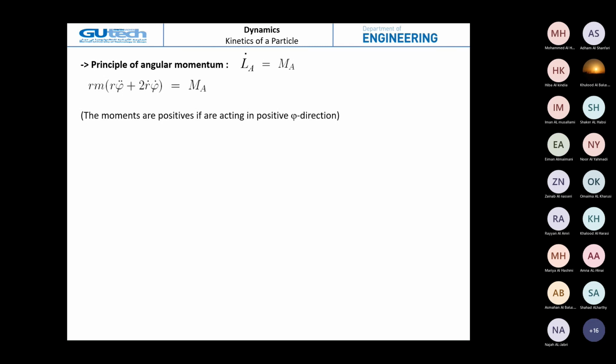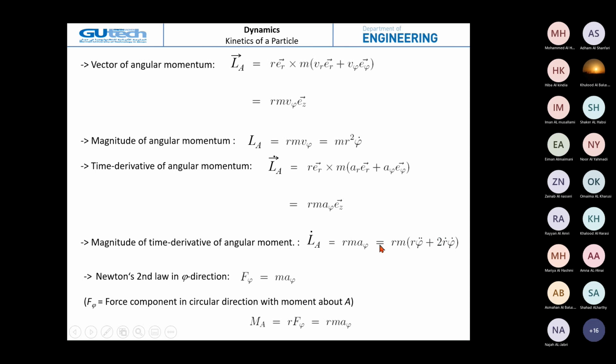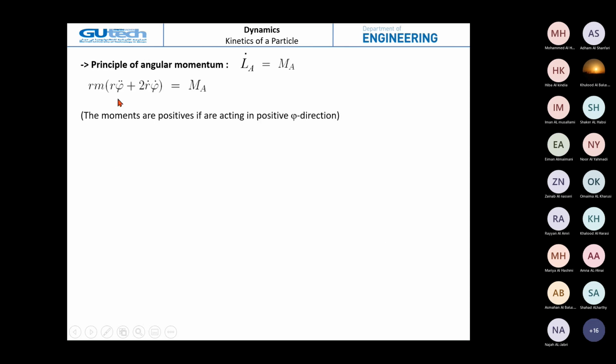Now, if we take the principle of angular momentum, the principle will be that L dot A is only the moment about the point A. Then we can get directly the moment about the point A. It's only L dot, and we replace the value that we obtained here by r m (r phi double dot plus 2 times r dot phi dot).